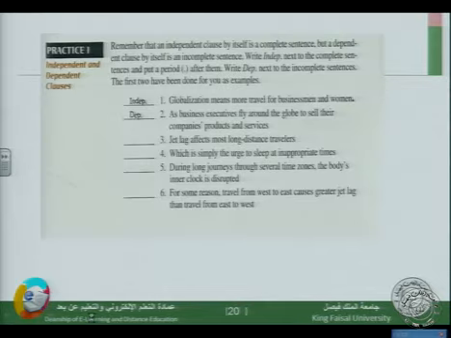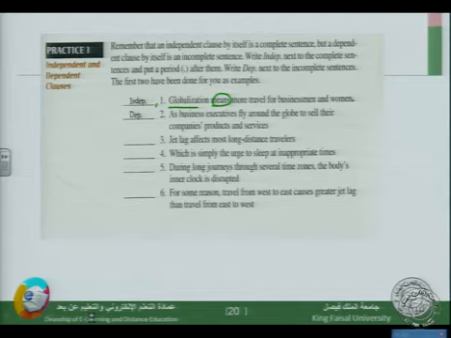Here we have a kind of exercise to define which one is independent and which one is dependent. The first one is already done. Globalization means more travel for businessmen and women. This is independent because we have a verb and a subject.